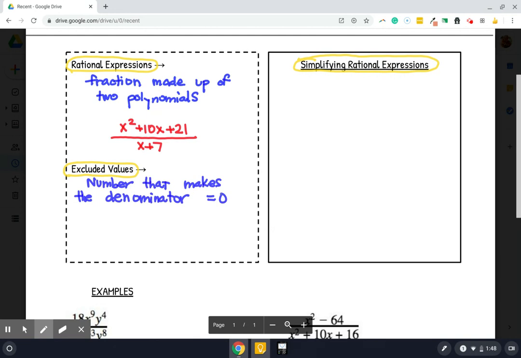So if I look at the example we kicked things off with, the very first one we had up on our paper, the one you can see in red, that denominator is x plus 7. And since x lies, our excluded value is negative 7.